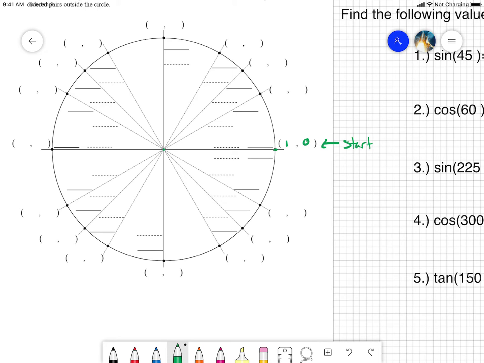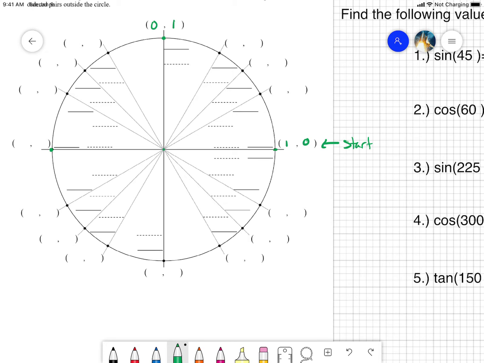Okay? So let's fill out the ones that we already know just by going around and putting in the points that are on the axes. Okay? So if I have this point right here, this goes up 1 unit on the y-axis, but it doesn't move anywhere on the x-axis. Okay? Then we go around to this point. Okay?